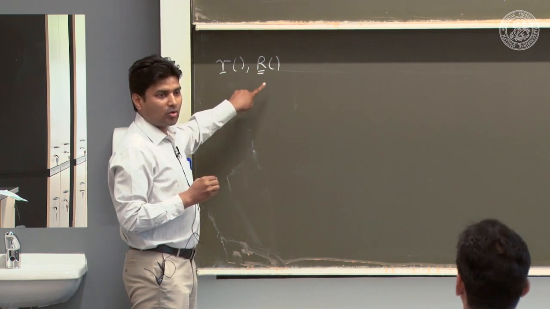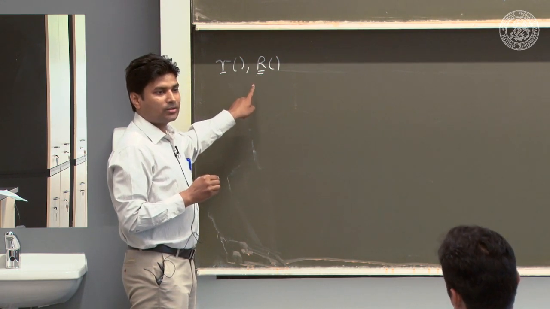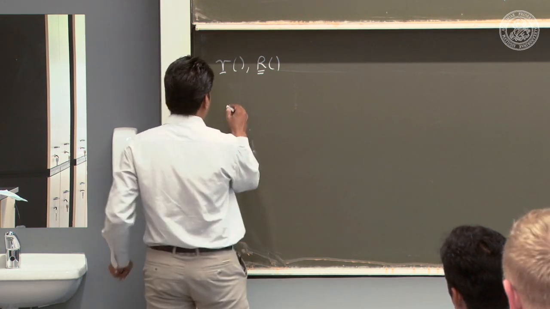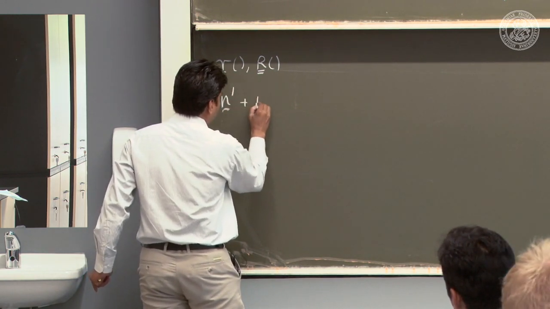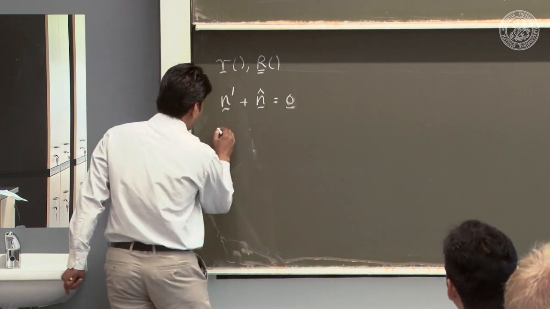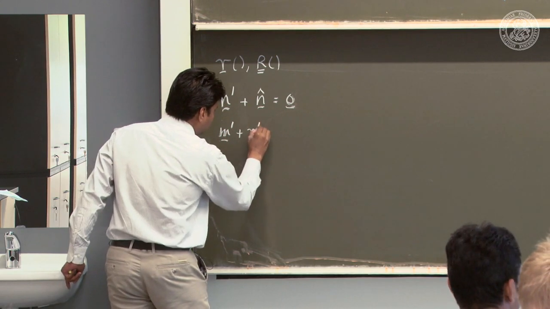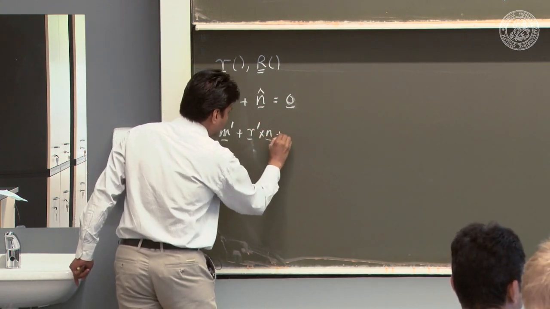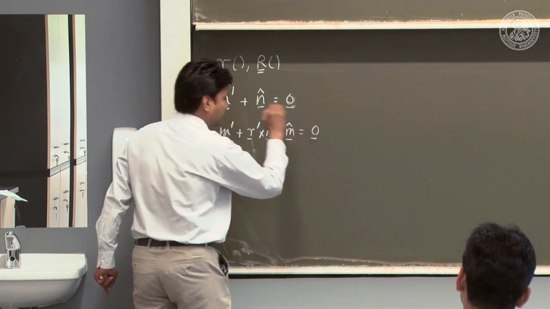So these are the two quantities which we wanted to know, and the equations that we had were n prime plus n hat equal to 0, and m prime plus r prime cross n plus m hat equal to 0.